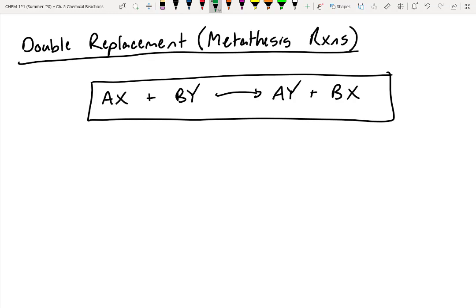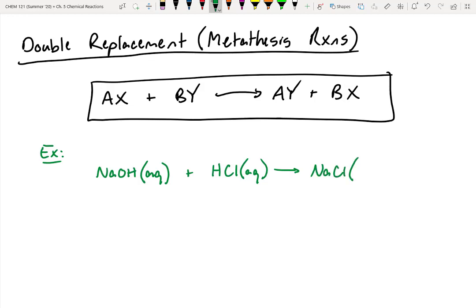Let's take a look at an example of this. These examples are pretty common. This one's just going to be NaOH, sodium hydroxide, just household drain cleaner. You can buy this aqueous, meaning it's already been dissolved in water. If you were to mix this with hydrochloric acid, again aqueous, meaning mixed with water, you can essentially just create salt water, NaCl. This is a neutralization reaction between an acid and a base.